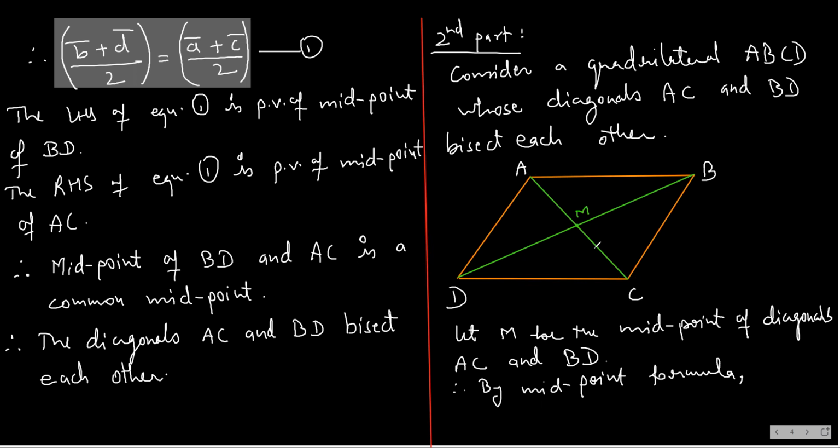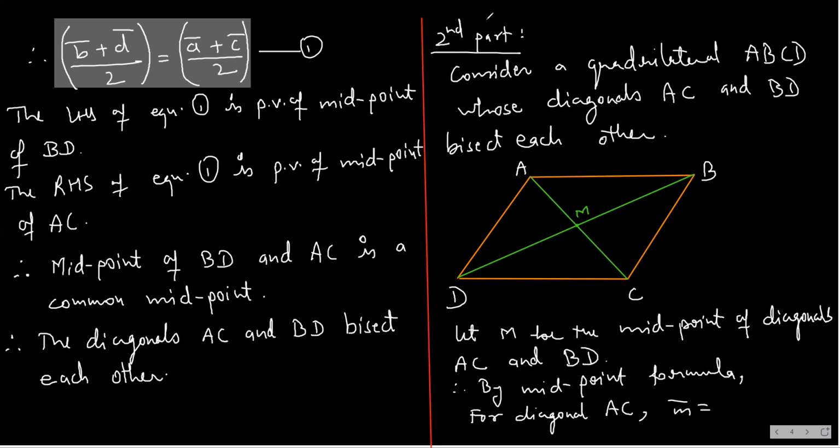I repeat once again, in this case, we are not working on a parallelogram. We are working on two diagonals of a quadrilateral. That quadrilateral, we do not know what it is. We are working on its diagonals where the diagonals are bisecting each other. So for the midpoint formula for diagonal AC, M bar will be equal to A bar plus C bar.